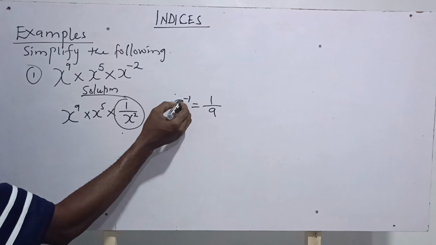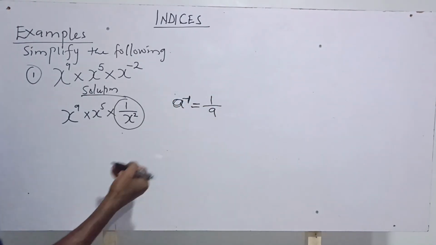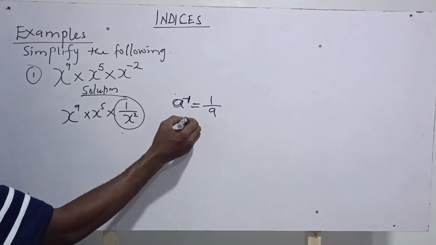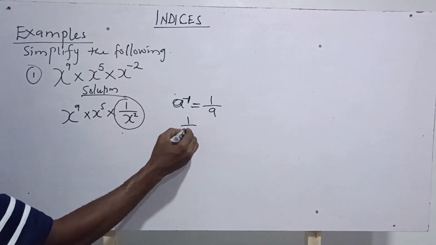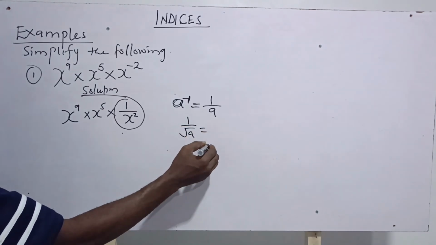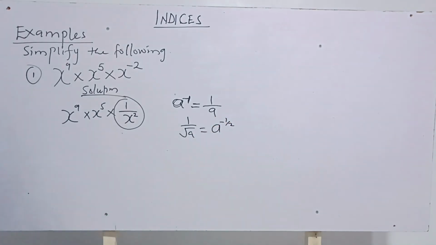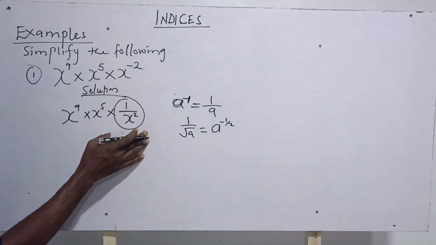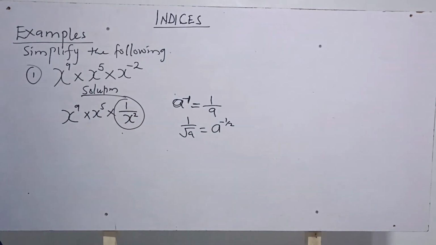So anywhere you see a raised to power negative, you can also express it like this. And under our root law, 1 all over root a can be expressed as a raised to power minus 1 all over 2. So x raised to power minus 2 can be expressed as this.